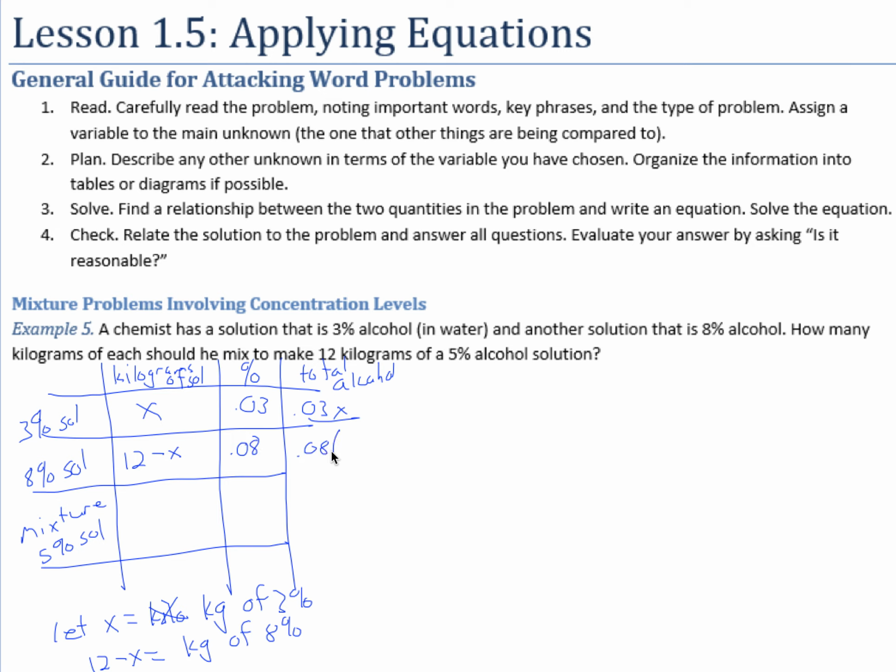Well, it's 0.08 times 12 minus x. And then the total mixture. So we actually have 12 at 5%. So the total alcohol here should be 12 times 5%, which is 0.6.